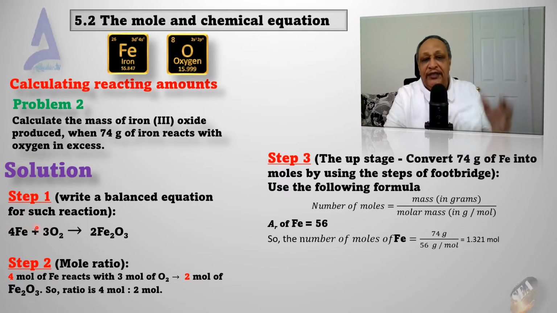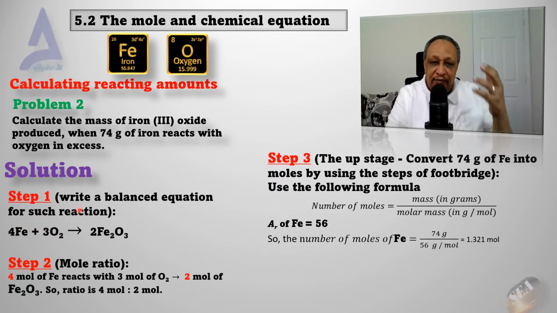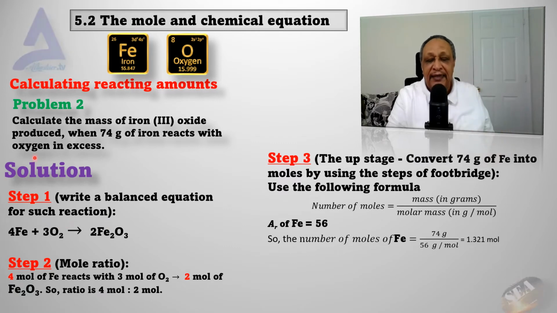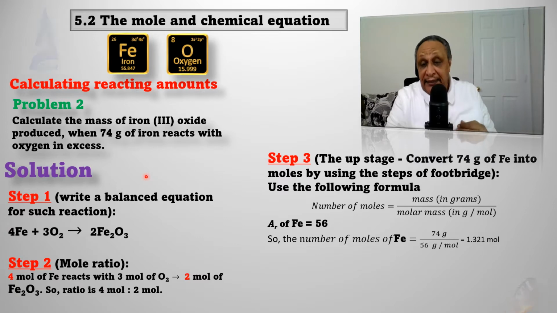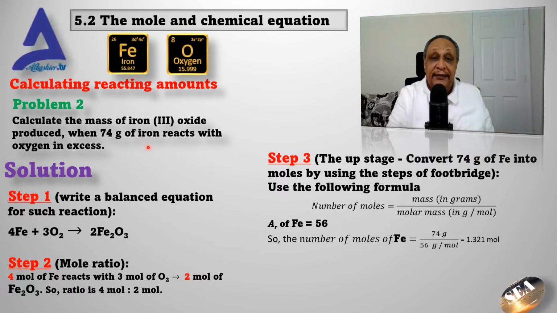We are going to do the same thing. Write a balanced equation for this reaction. Here, it is iron(III) oxide, so you are not going to use Fe2, you are going to use Fe3, the transition element.